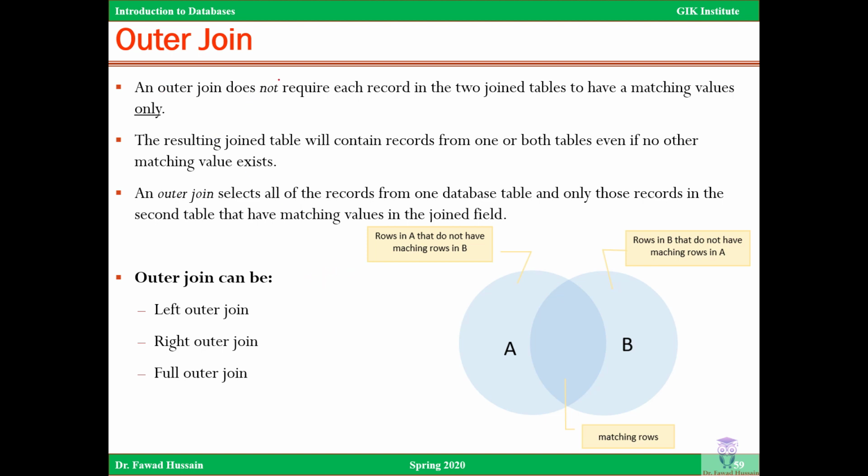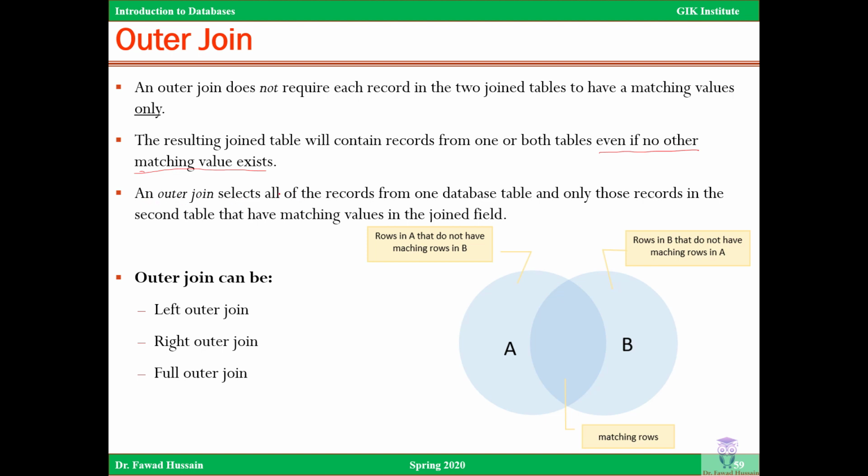An outer join does not require each record in the two join tables to have a matching value. The resulting join table will contain records from one or both tables even if no matching value exists. So this is the key, even if no matching values exist. And we'll see with the help of a few examples how this is done.